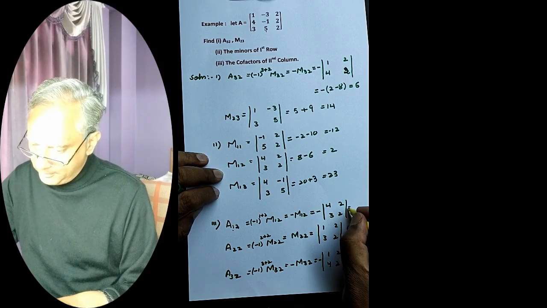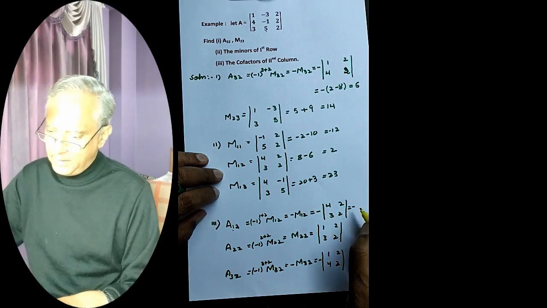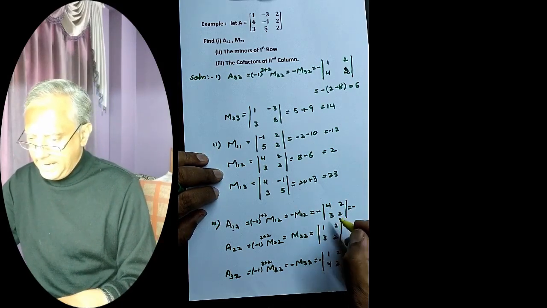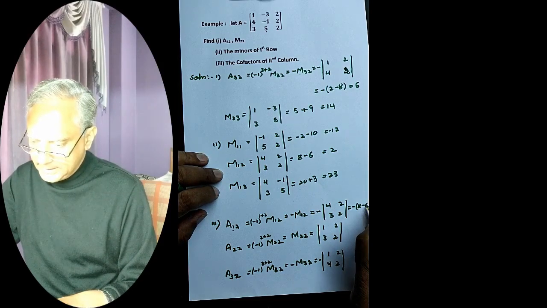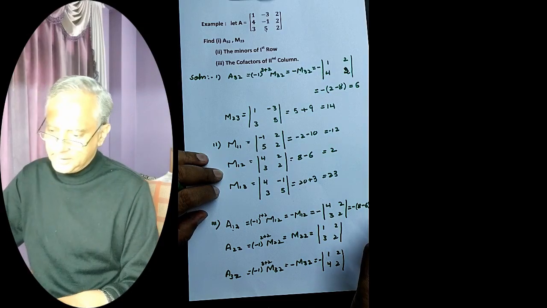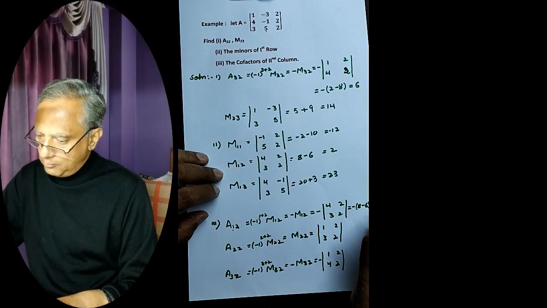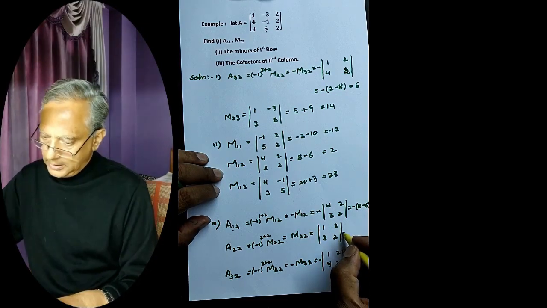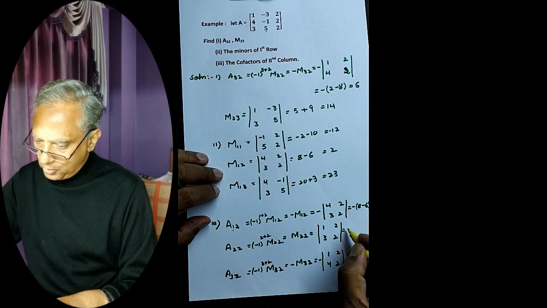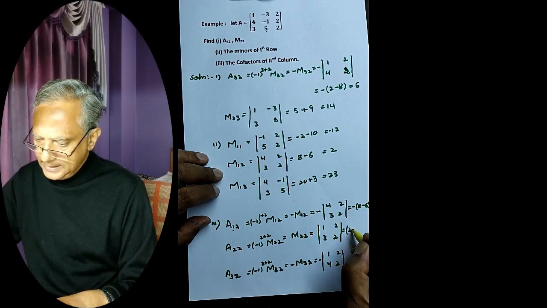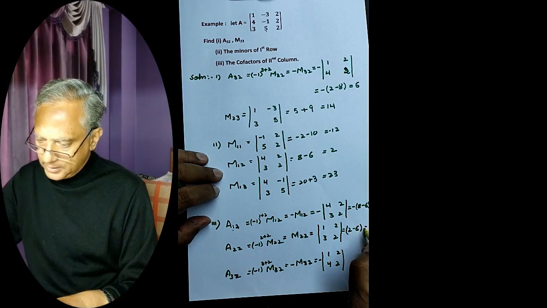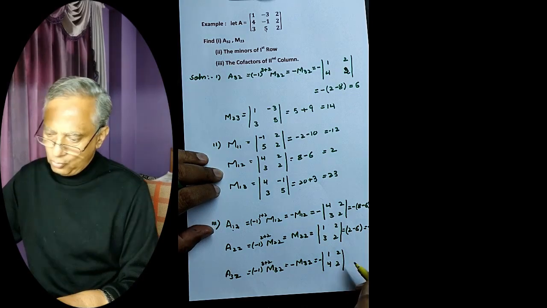So this can be evaluated as minus, this is 8 minus 6. This is equal to minus 2. And this will be equal to 2 minus 6, so this is equal to minus 4.